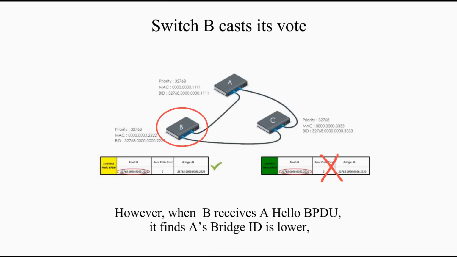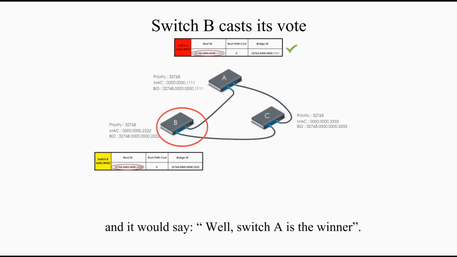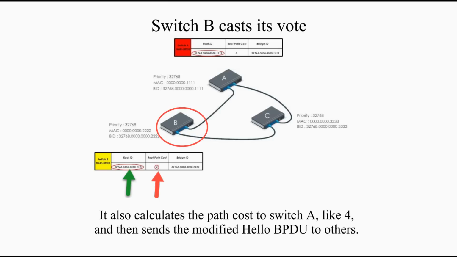However, when switch B receives switch A's Hello BPDU, it finds switch A's bridge ID is lower, and it says, well, switch A is the winner. Therefore, it modifies its root ID value by replacing its own bridge ID with switch A's bridge ID. It also calculates the path cost to switch A, like 4, and then sends the modified Hello BPDU to others.